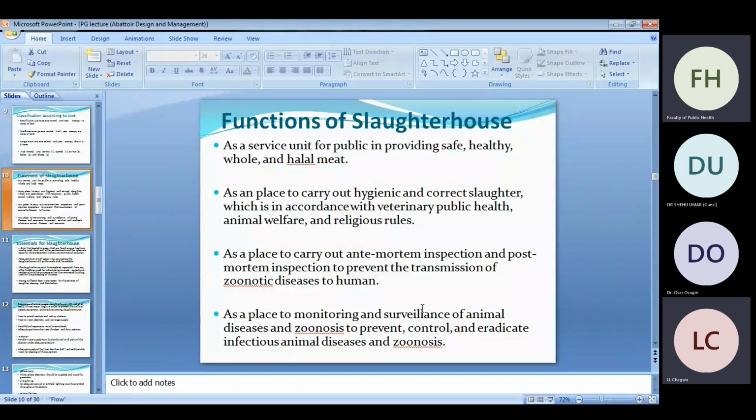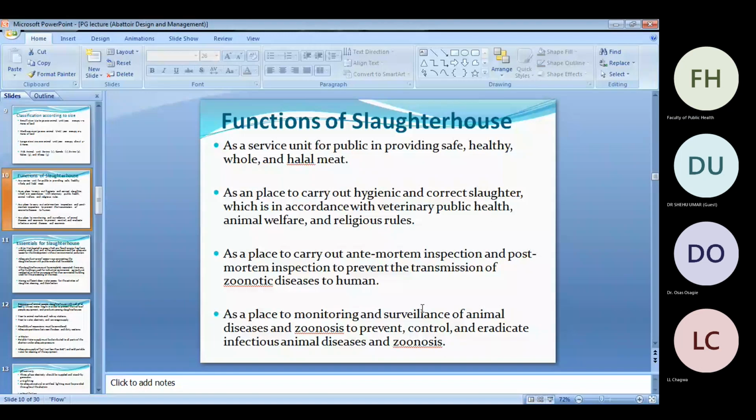Let's say, why are we discussing abattoir? For the management of an abattoir, we have to know the functions, so as to be able to manage them well. It's a place that gives us the opportunity to provide safe, wholesome meat for human consumption.